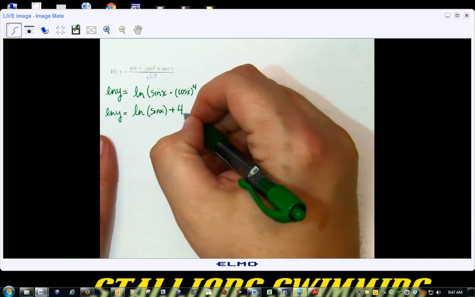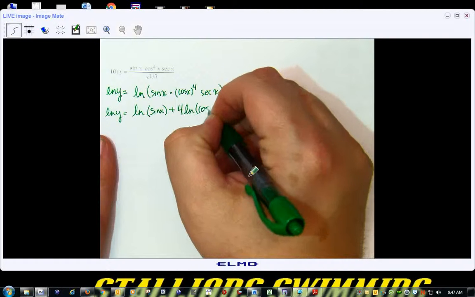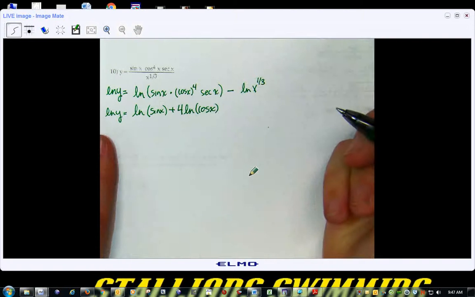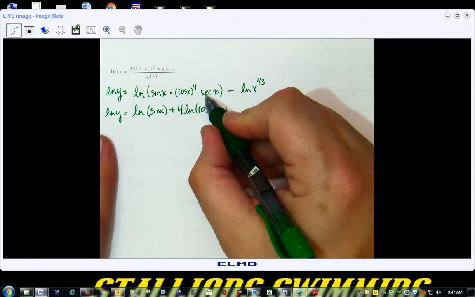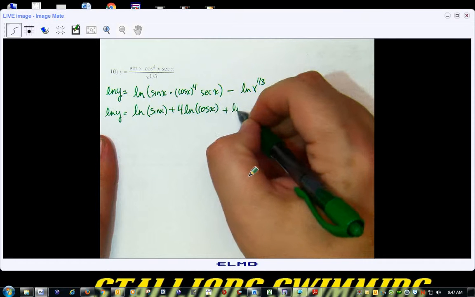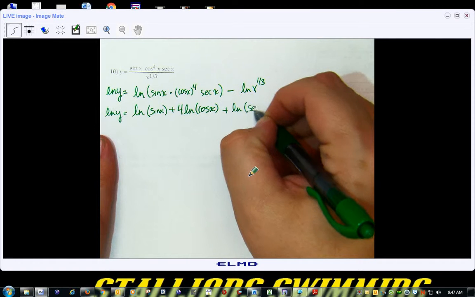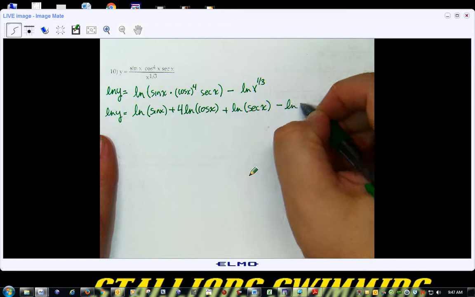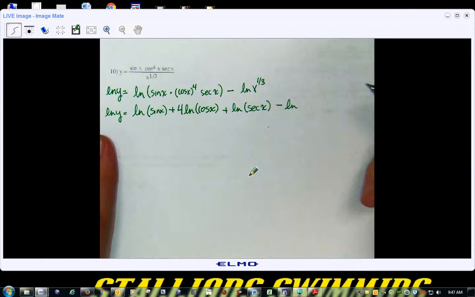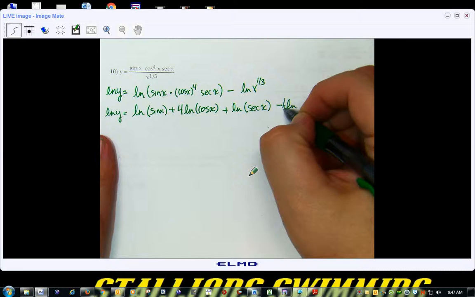And then I get the natural log of the cosine of x plus, I have a secant here, the natural log of the secant of x minus the natural log, well, can I take that 1/3 and put it out front? Well, you better.